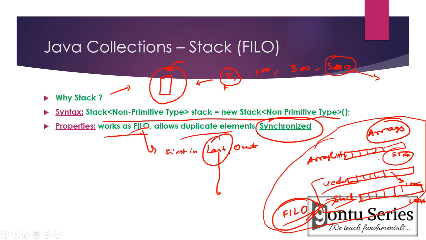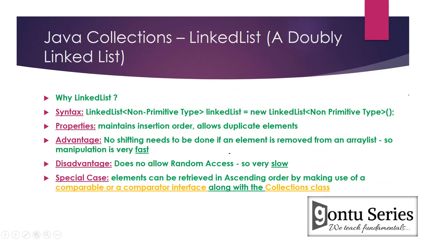Now what is next? Well, next is something called a linked list. Let's first try to understand the linked list concept. The way we make use of a linked list is also going to be the same as we saw in case of an array list, a vector, or a stack.